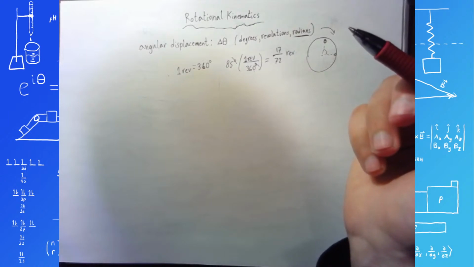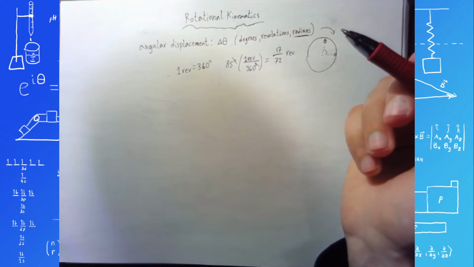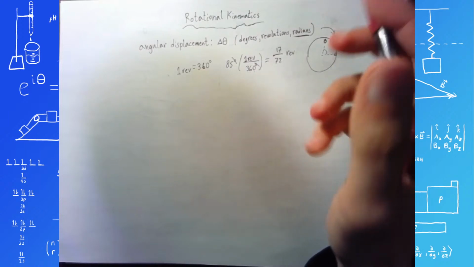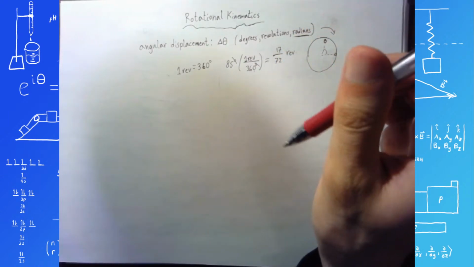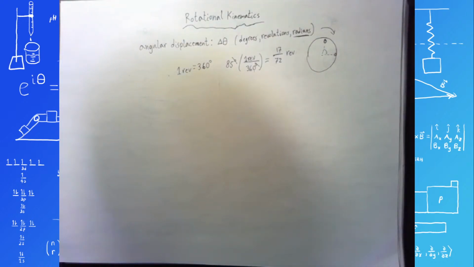There is nothing inherent about circles that makes the number of degrees for a full circular turn 360. 360 is just one of those special numbers that the Babylonians thought was a good number to have because it has a lot of divisors.